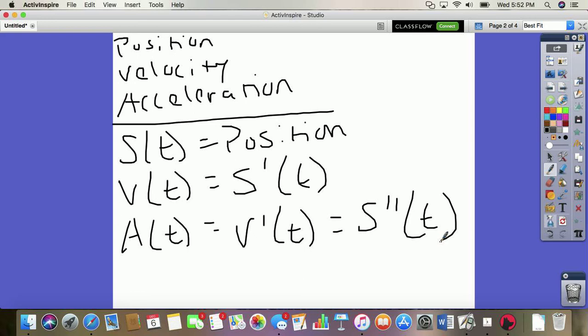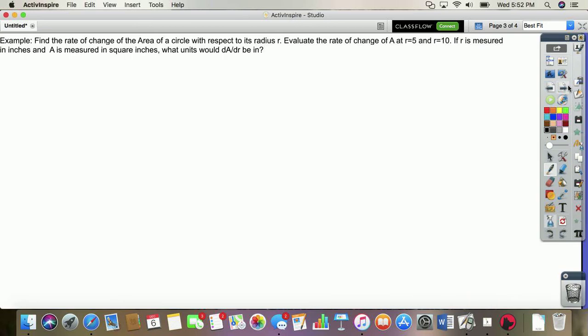And so this is going to take us into a few different things, but more specifically, let's take a look at a very first example in terms of the rate of change. That's what we talked about derivatives in the very beginning. We want to find the rate of change of the area of a circle with respect to its radius r, and then evaluate the rate of change of A at r equals 5 and so on, all right?